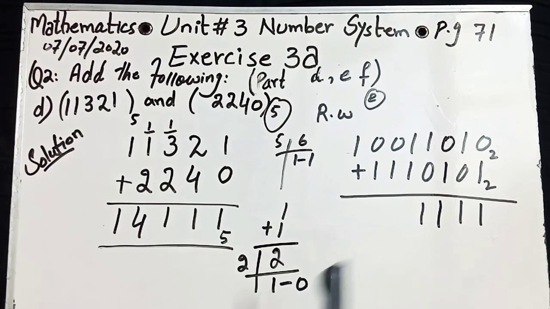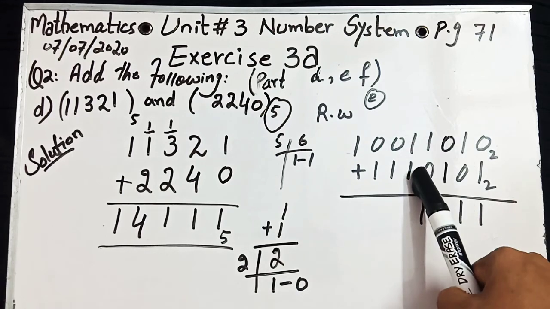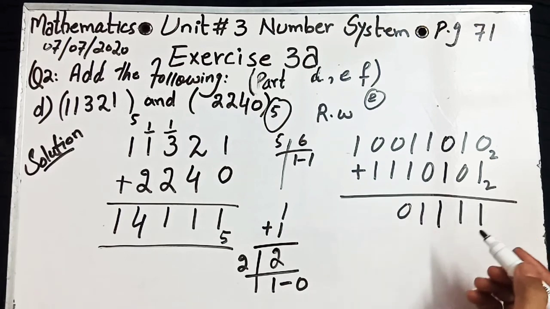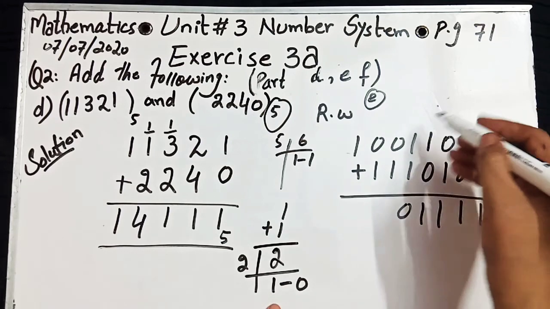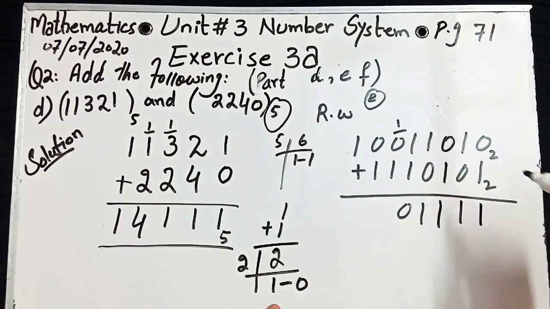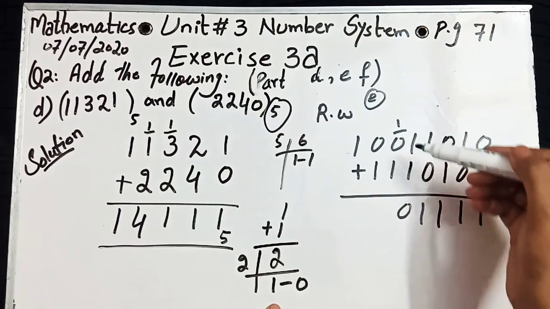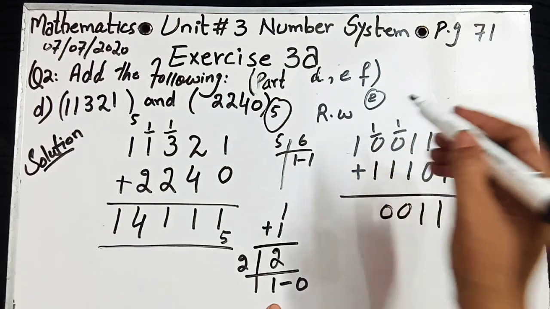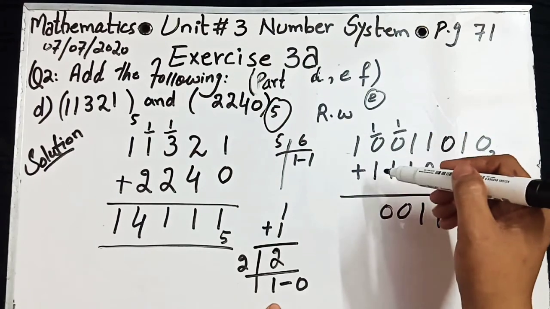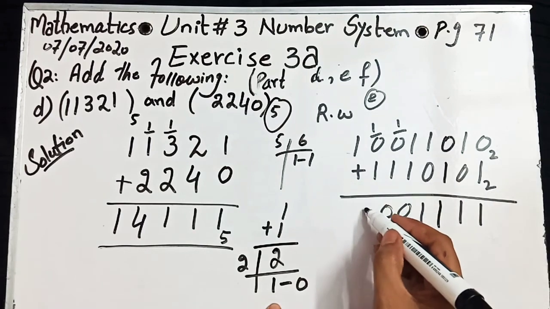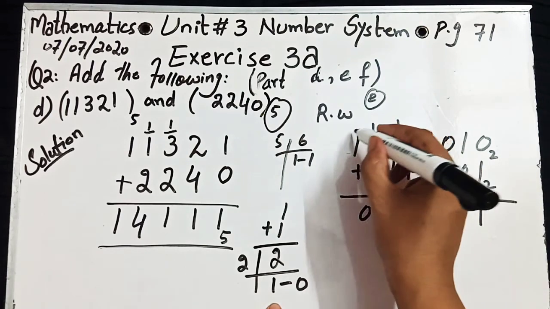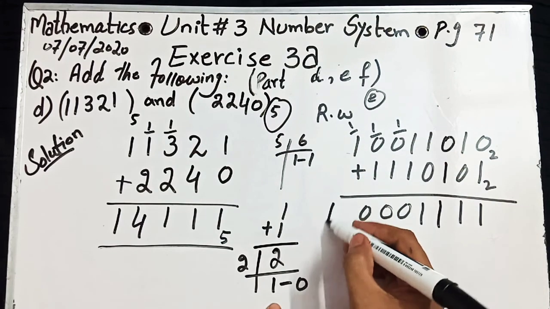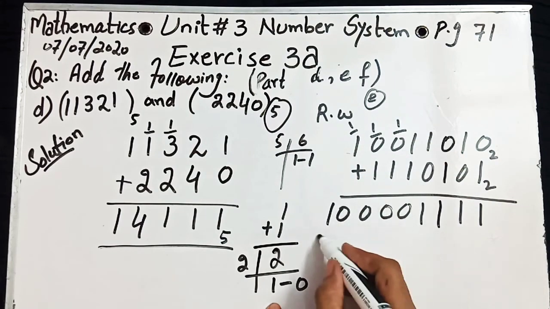It means 2 times 1 in the base 2 system is 10. So 0, 1 carry. Again, 2 times 1 is equal to 10, 0, 1 carry. Again, 2 times 1 is equal to 10.